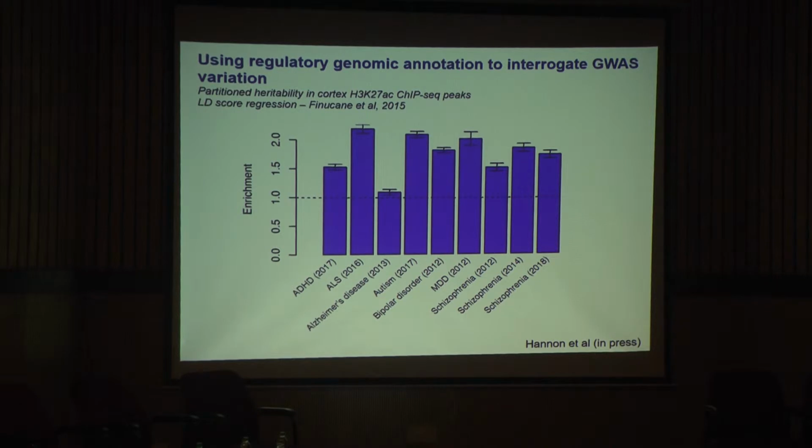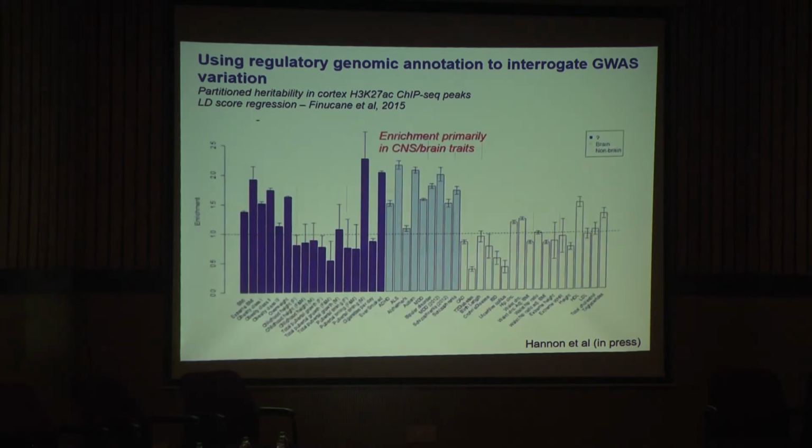This is a paper that Eilish has in press that used partitioned heritability to look at the extent to which the genetic variation associated with a range of brain diseases is enriched in regions of the genome harbouring brain-specific enhancer elements. And you'll see that across the board, the genetic variants associated with brain disorders are enriched in these regions of enhancer activity in the cortex.